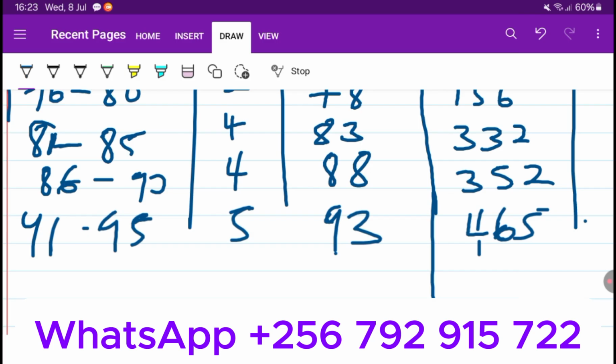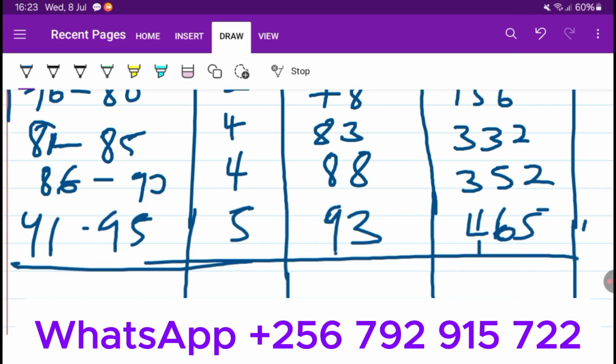Then we sum up these values. The summation f was given to us as 16. Then this summation fx is actually 1376. We get 1376 divided by 16, and then we get 86.125.